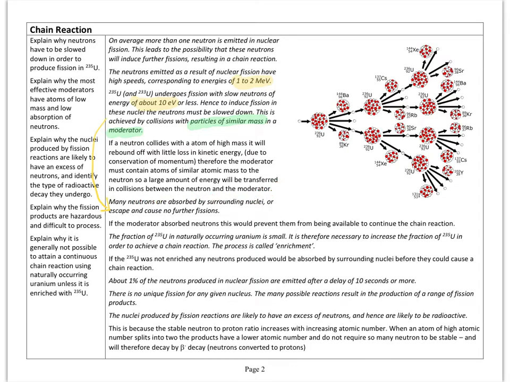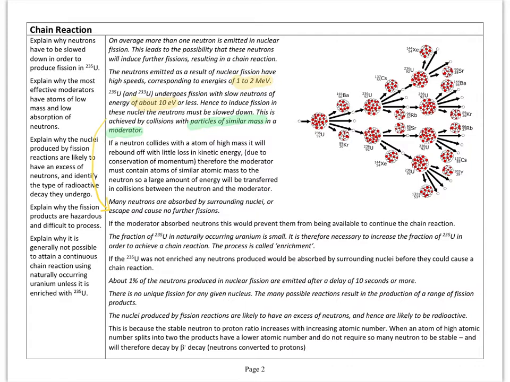So often they use water, which contains hydrogen atoms, and often they use deuterium, which is water that contains hydrogens with 1 proton and 1 neutron, so that when the neutrons collide with those, they lose energy, gets them back to about this 10 electron volts of energy, and then when they hit one with 10 electron volts of energy, they can cause that induced fission that we talked about on the previous slide.